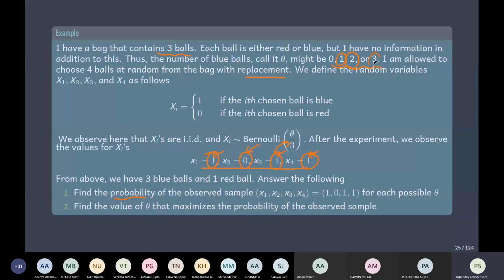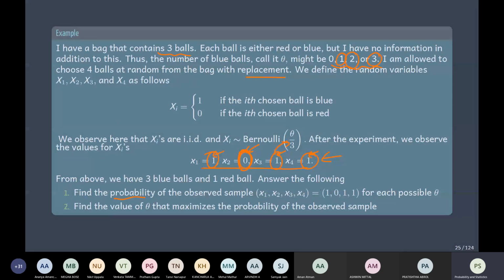But with three blue balls in total, the red count is 0 now. Can you ever get this case? You will never get it, because there is no red ball at all. All are blue balls, so the probability of this observation should be 0 again. So this is the observation we are making.